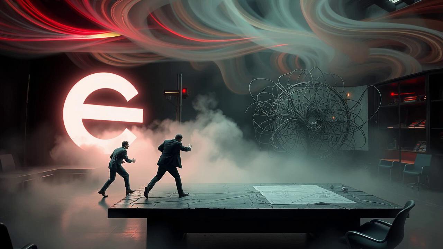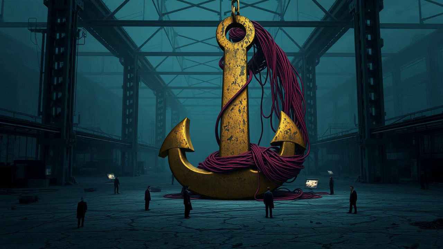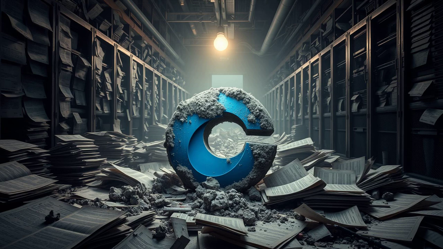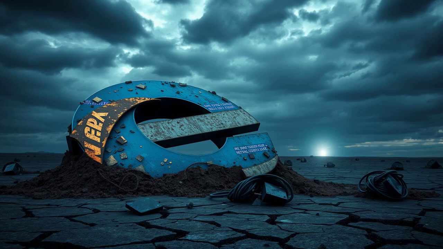The iconic blue E, now ubiquitous, became a symbol of corporate power as much as Internet access. Analysts continue to question the reasoning behind decisions made during this peak, debating whether a different approach to competition could have averted the legal battles and the eventual erosion of trust.